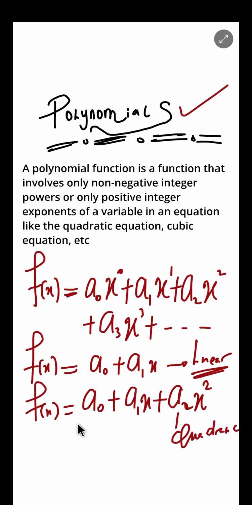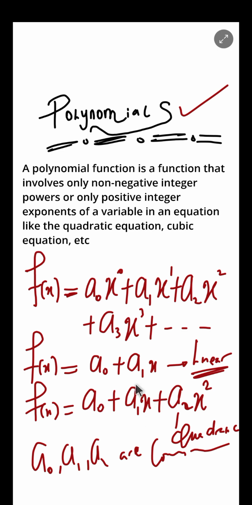Why is it quadratic? Actually, in this case, a naught, a1, a2 are all what? They are all constants. Take note of that. So in this case, whereby you have just a naught plus a1x, it's simply as if we are trying to write something of this nature, that is 2 plus 4x, and this is a linear expression.